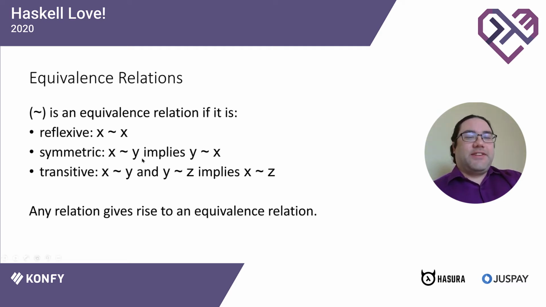And so any relation between a type and itself can give rise to an equivalence relation. We can just say, well, if x is related to y, then we'll just add y is related to x to the relation. And if x is related to y and y is related to z, we'll just add x is related to z to this relation.